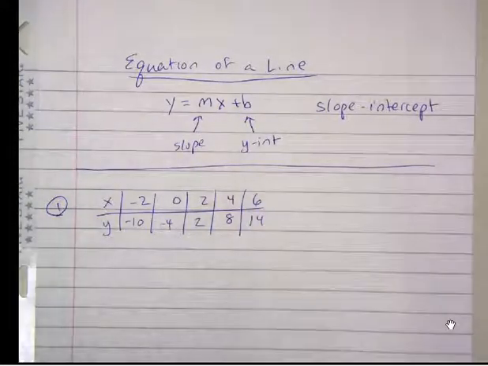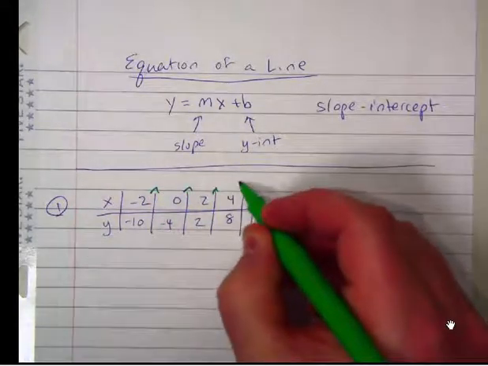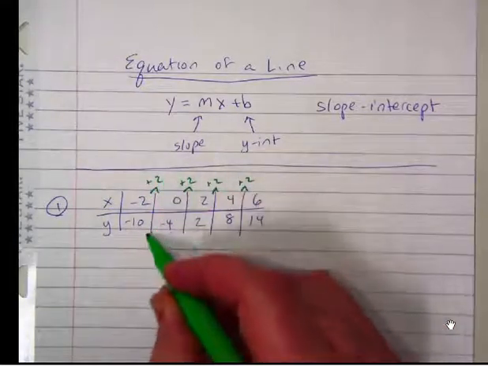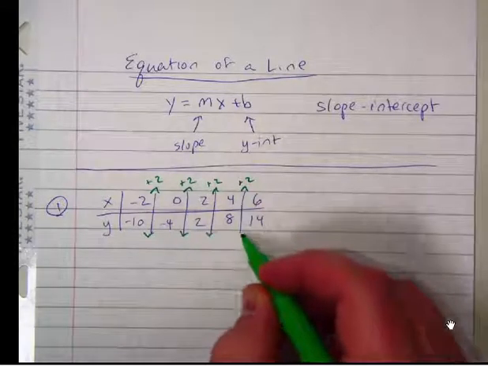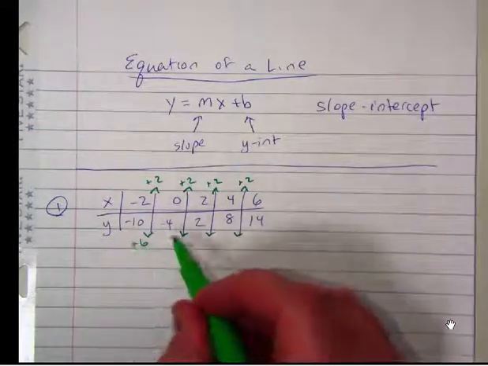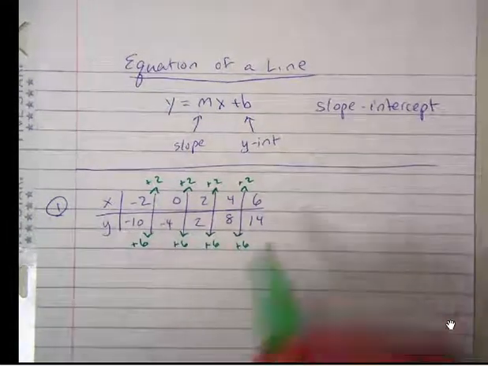To start, let's find the patterns in the table. As I notice, the x values are always increasing by 2, and the y values, to get from -10 to -4, we add 6, and then there's adding 6 all the way throughout.